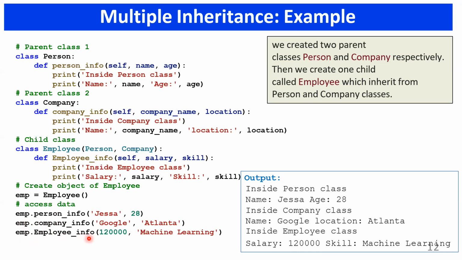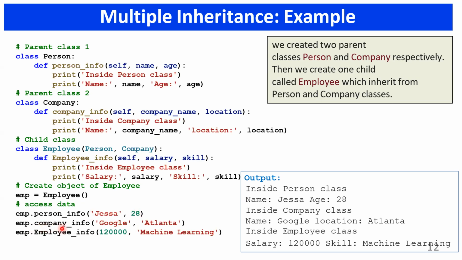And employee_info is anyway a method of the same class. So you can invoke emp.employee_info. So in emp.person_info, we are initializing the name and age of the person.